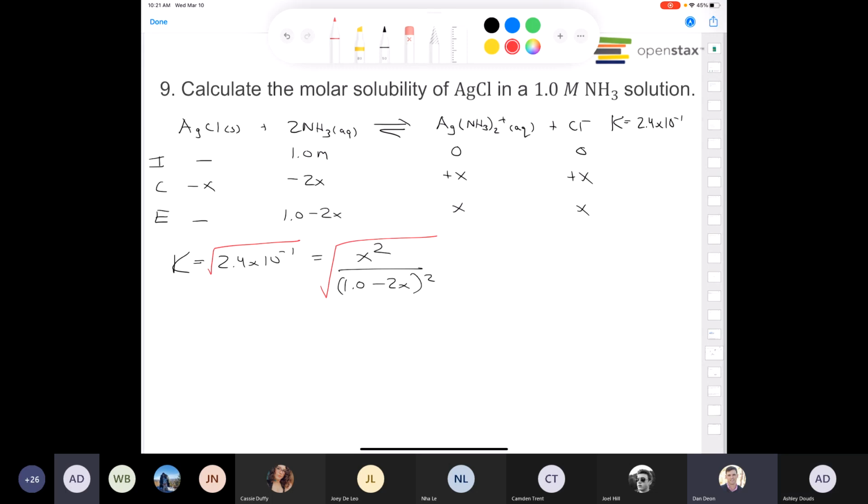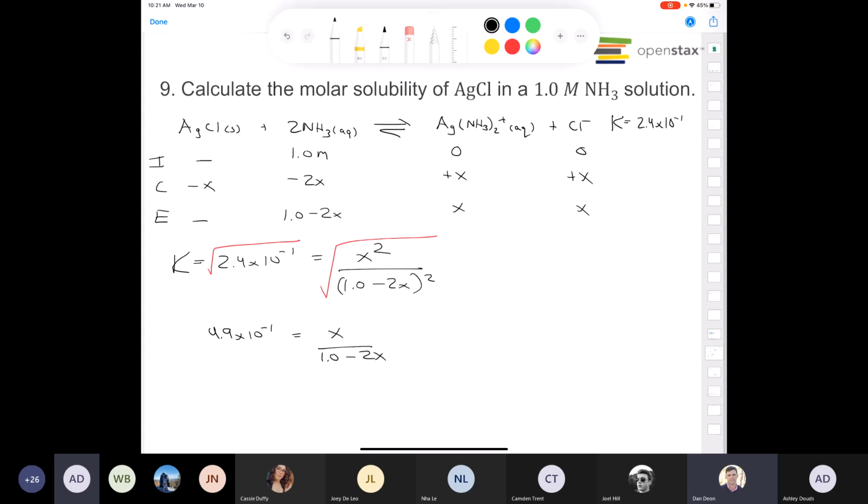And when you do that, you end up with the square root of 2.4 times 10 to the negative 1. You take the square root and you get 4.9 times 10 to the negative 1 is equal to X over 1.0 minus 2X.